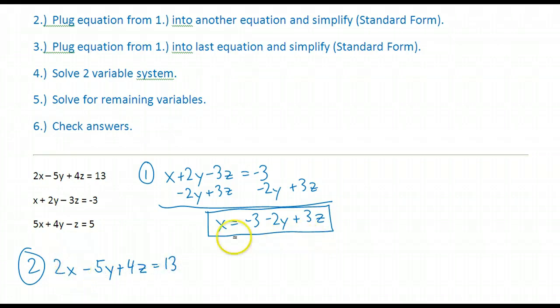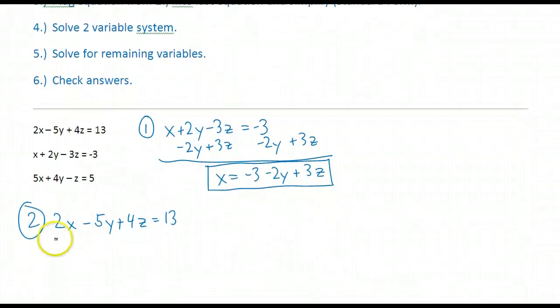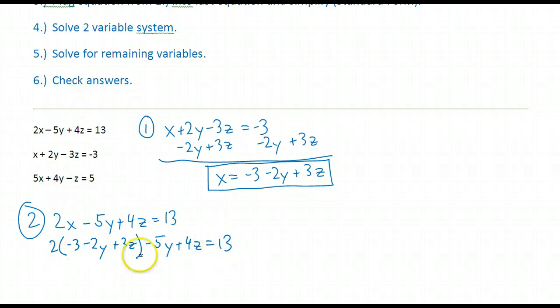Replace the x with this. Keep everything else the same. And simplify. So I'm going to distribute.